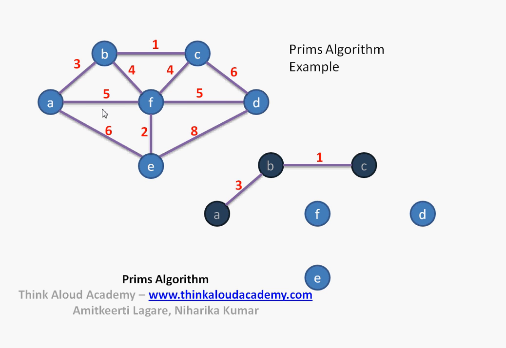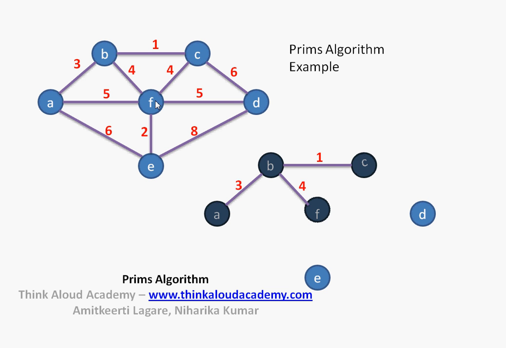So I have 6, 5, 4, 4 and 6, and I need to choose one of the edges. I have two options actually. The smallest ones are either B to F, which is 4, or C to F, which is 4. Since alphabetically B comes first, I can choose B to F as my edge. I could have as well chosen C to F. So the new edge that has been added is B to F, which is 4, and F is the new vertex which has been added into our visited list.